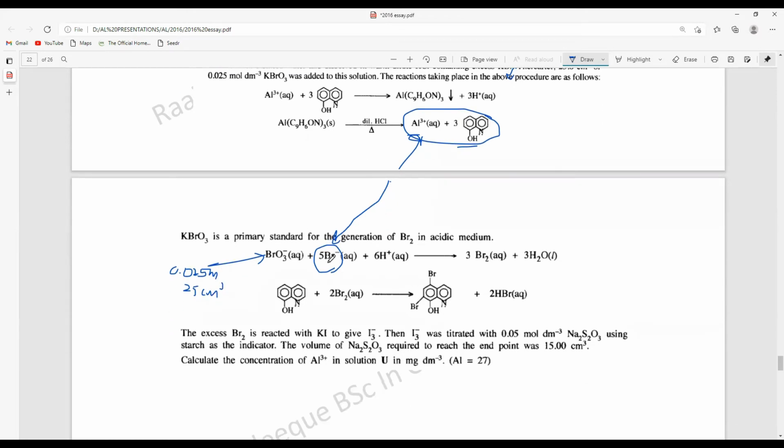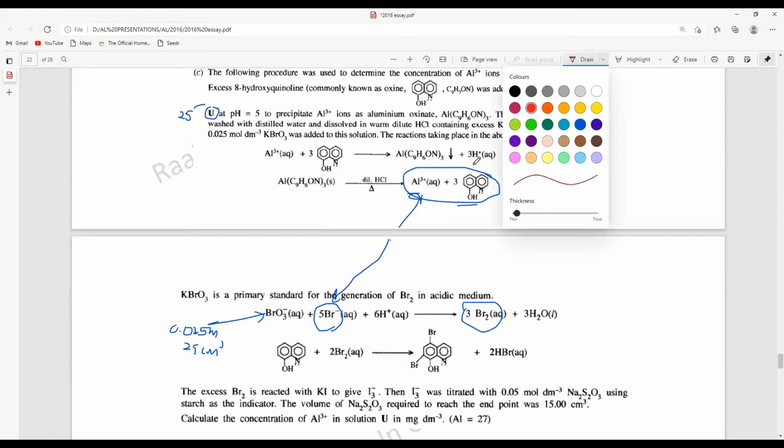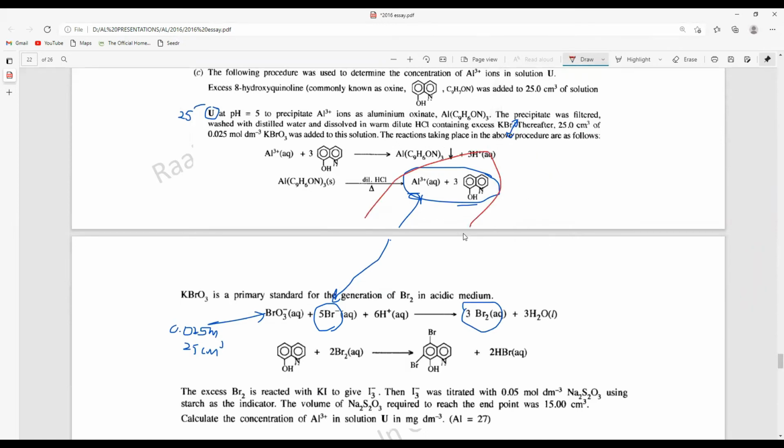And when you add these, remember, Br2 is formed from the reaction of BrO3 minus with the excess KBr that was already present in the solution after the dissolution.